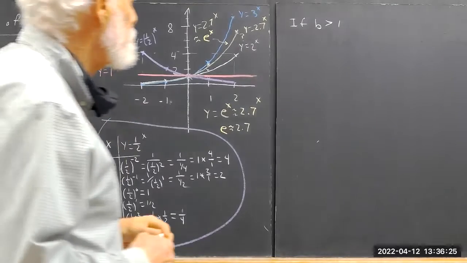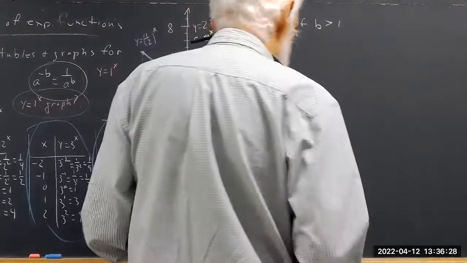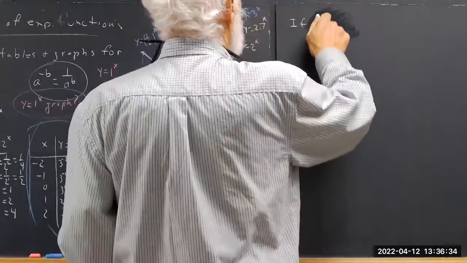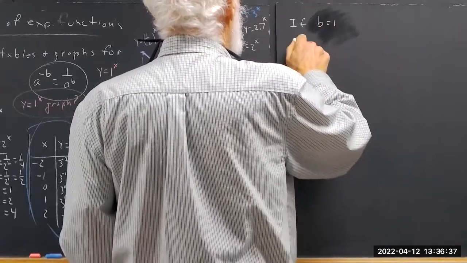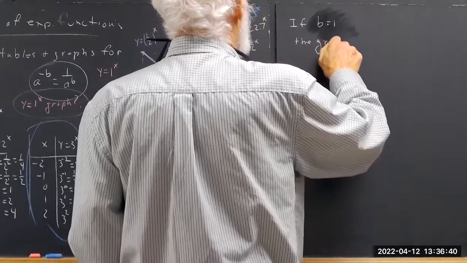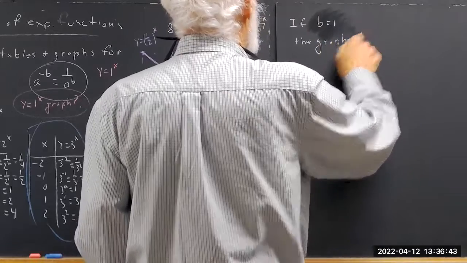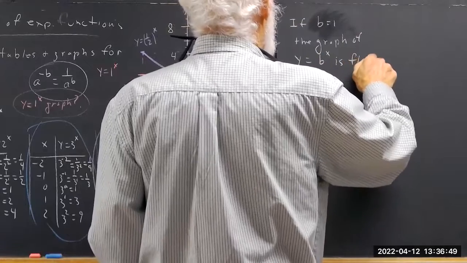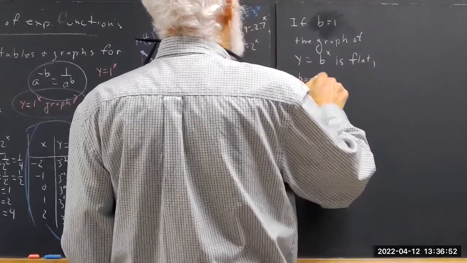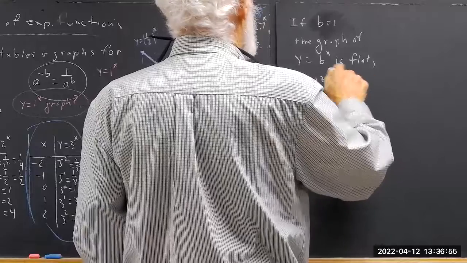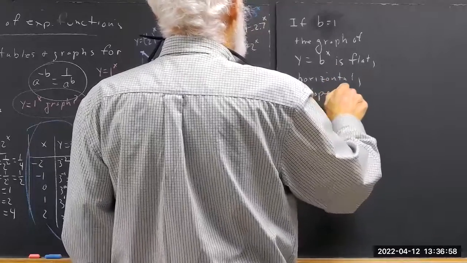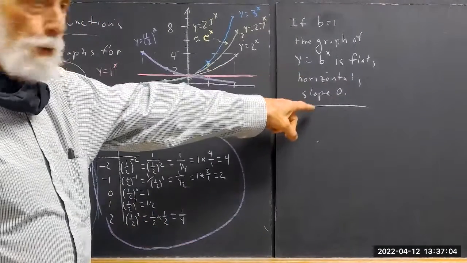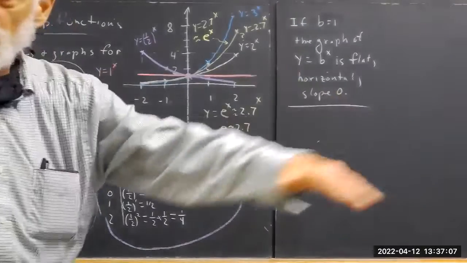And let's say if b equals 1, the graph is flat, it's horizontal, its slope is 0. It's the most boring graph you can imagine. Okay?